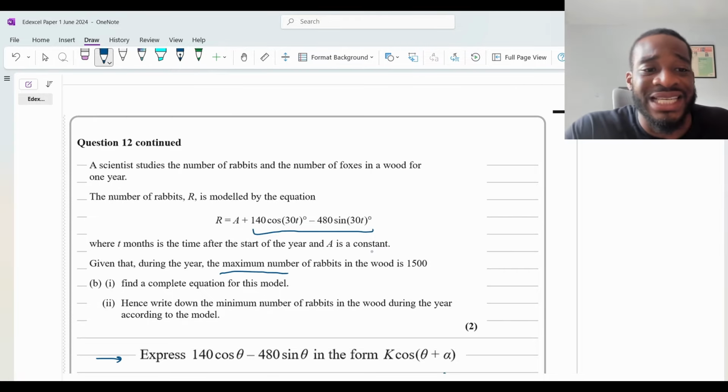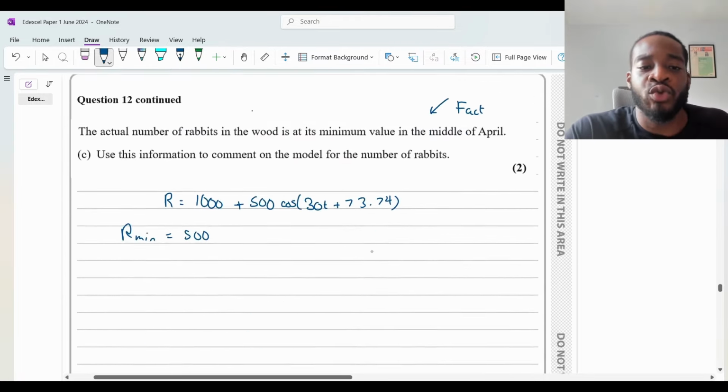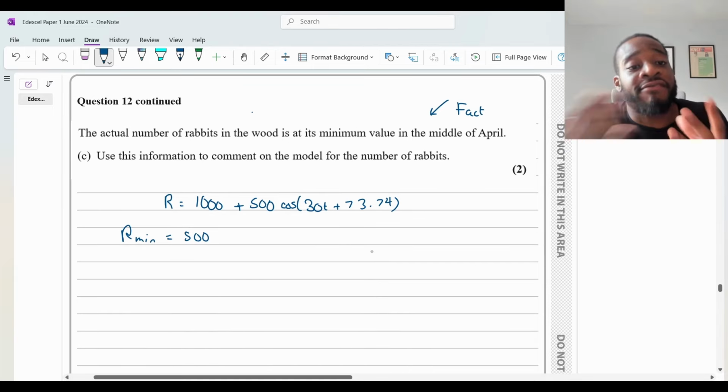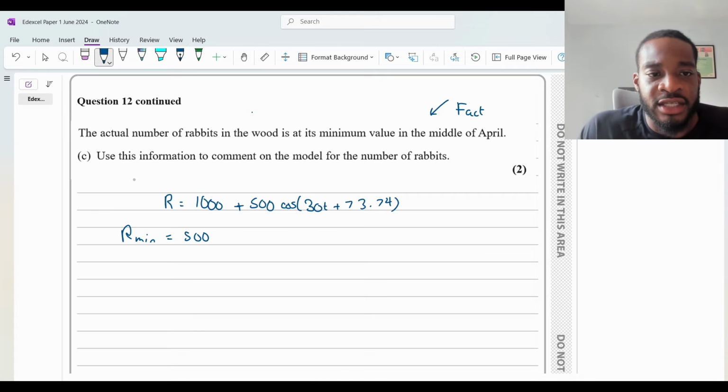So what we want to do is substitute 3.5 into our model. And if it's a suitable model, we should expect to get something in and around 500. So all we're going to do here is plug in t equals 3.5, since it says the middle of April.